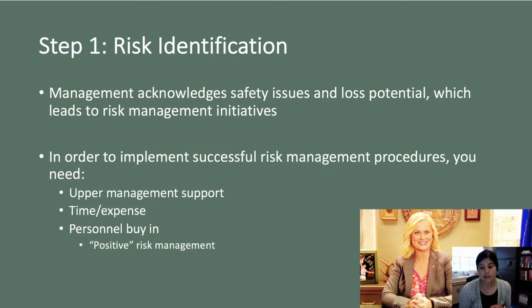Without that acknowledgement, it's going to be very difficult for you as a practitioner to conduct effective risk management. So it really does start at the top. Again, we said it's important for everyone to be involved in this process, but without upper management support providing the actual resources to do this, whether that's financial or time, then it's very difficult to actually start the risk management process.